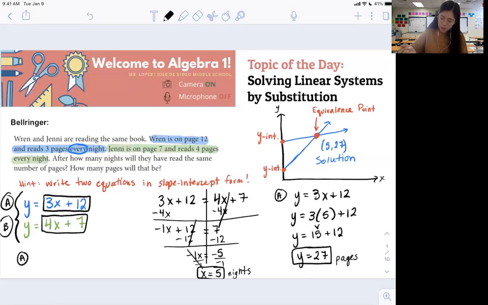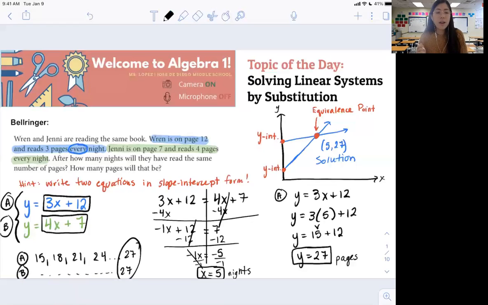We know that it's 3x plus 12, right? So on the first night, that would be 12 plus 3 is 15. On the second night, they add 3 more, so 18. Then 3 more is 21, 24, and so on. And then for equation B, you find out the pattern as well until you get to the same value, which is 27.